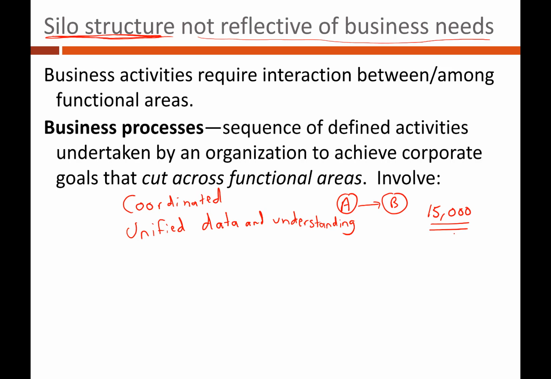If that's how many times somebody's going to punch you in the face, that's probably not a real good number. If that's how much money you're going to see in your paycheck at the end of the week, you might be pretty happy with that, okay? So we have to know the context. Where we get into problems is, I think the number is 15,000, somebody else thinks the number is 9,500, so we don't even agree about the number. Or maybe we agree about the number, but we're not on the same page. So I think that means how much money I'm going to get paid, and you think that means how many times you get to punch me in the face, okay?